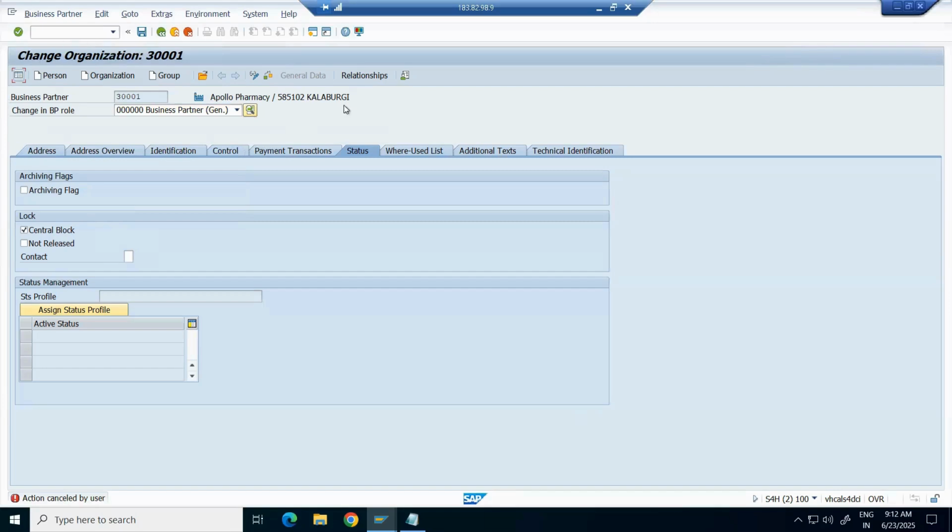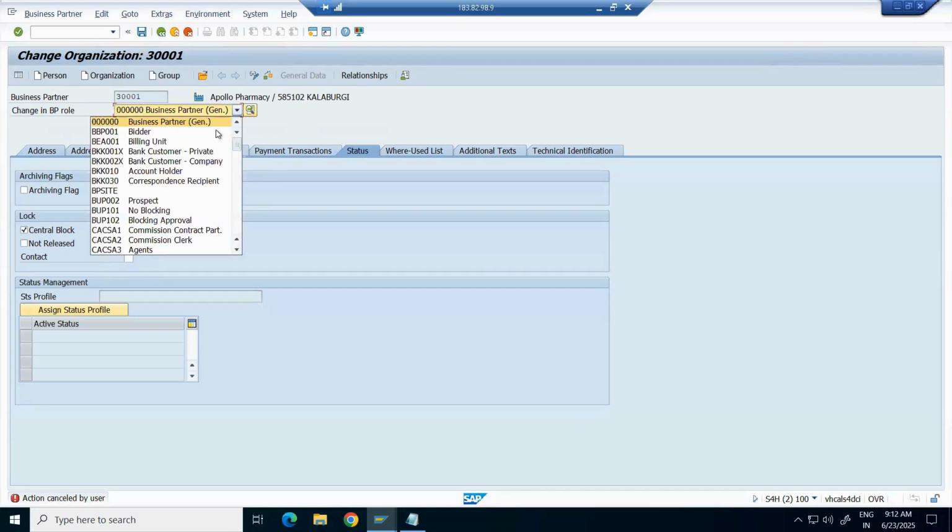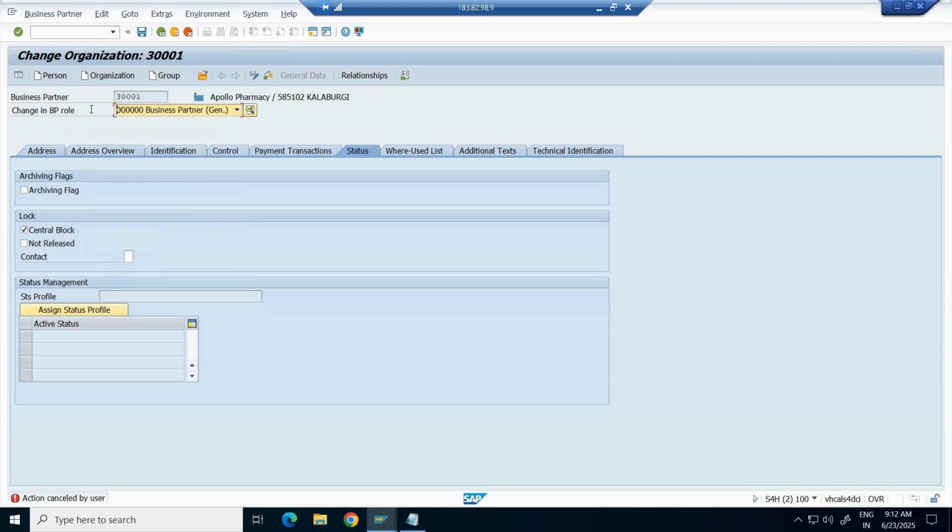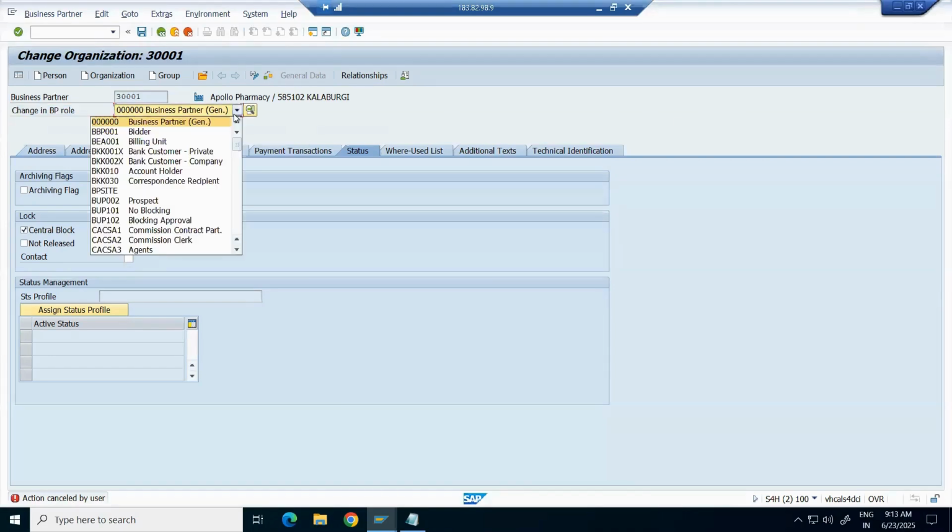So once again, till now we are discussing the BP role. But when it comes to the customer, there again we will have some different things, that is account group and other things related to the sales information, you can say. And if we are extending the BP role to the FI view, then there we need to maintain the company code information.